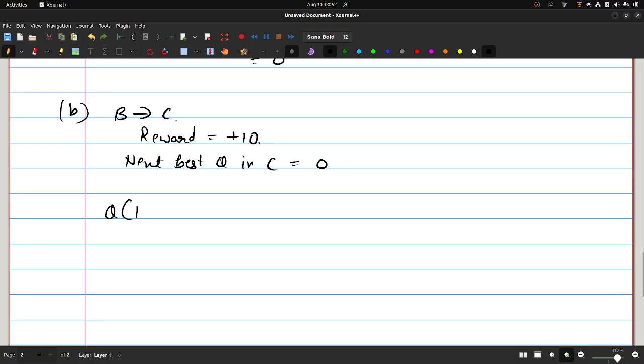So the Q value for B when it takes a right action is equal to 1 minus alpha, times the current Q value, which is 0, plus 0.5 times 10, which is equal to 5.